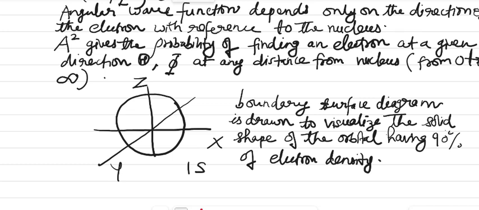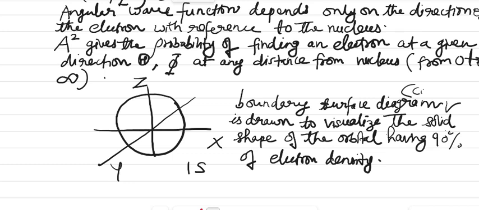It means having the maximum amount of electron density that we can show by the boundary surface diagram. Inside this, there is about 90% of the electron density. So it is the orbital representation in the form of boundary surface diagram or contour diagrams.